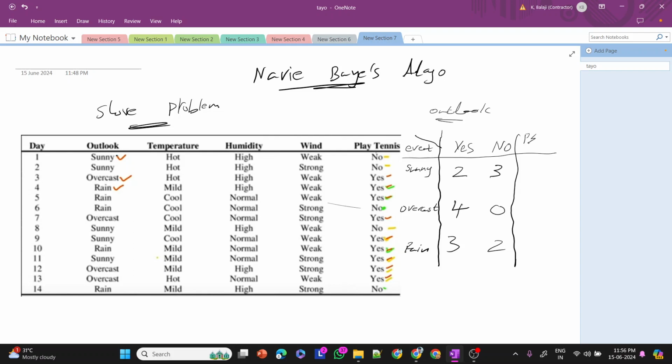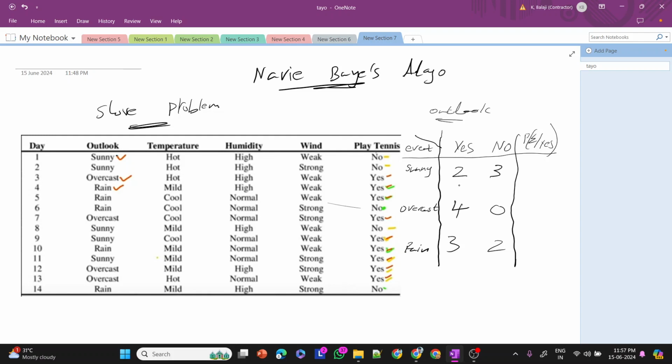And let's compute the probability of event given yes. That means the probability of sunny while the person has played a game. Totally 9 yes are there for the event.